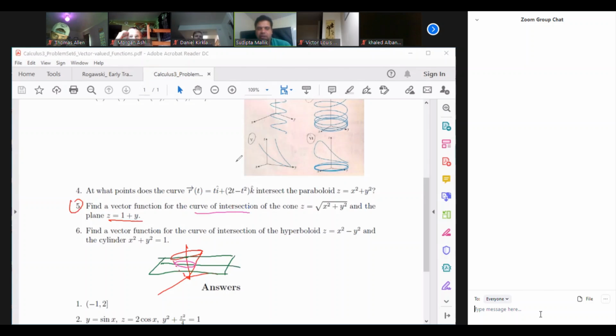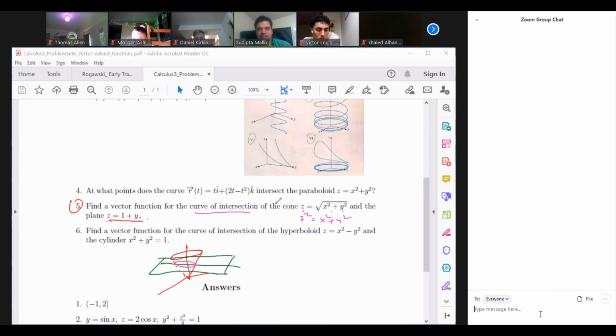And one way we can do it, we can write it in terms of one variable. z is already in terms of y. z is also in terms of x and y. Then you have to write x in terms of z, or x in terms of y. You can think about z squared is x squared plus y squared from here, right?